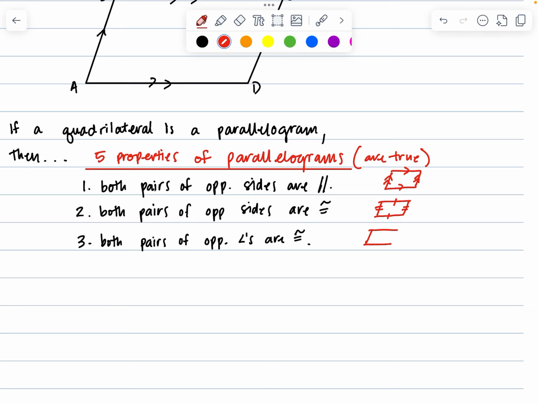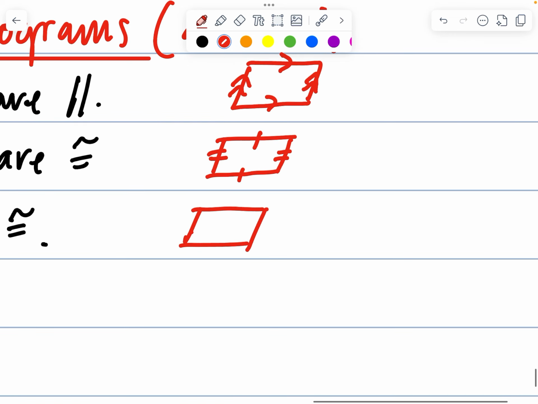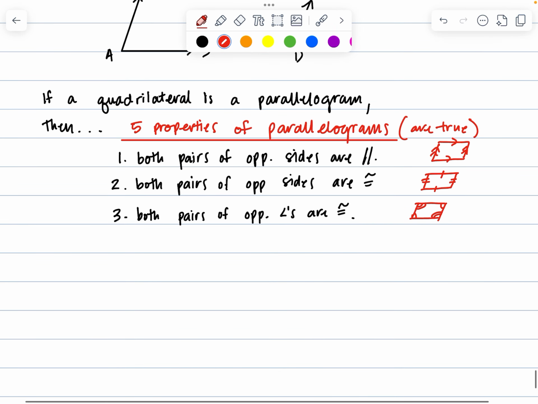And let's draw that here. Opposite angles would be congruent. 2 ticks, 2 ticks. Okay? Fourth property.